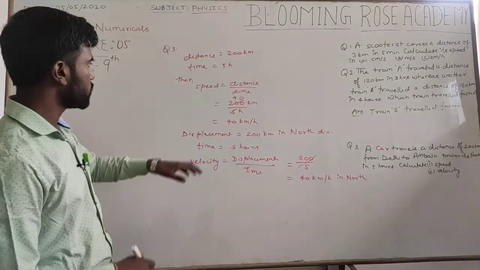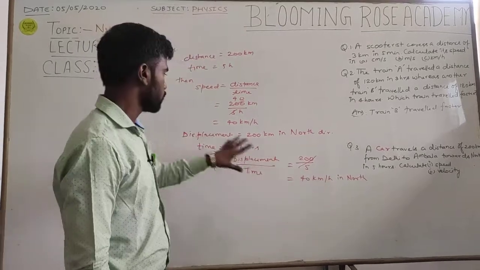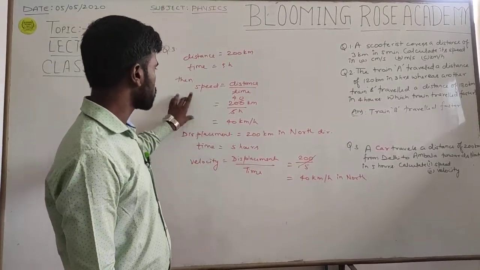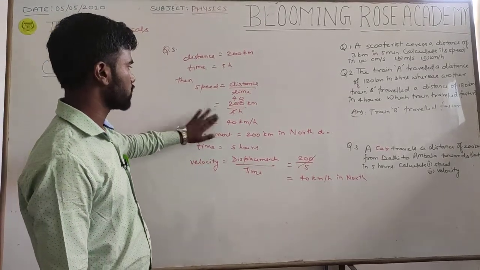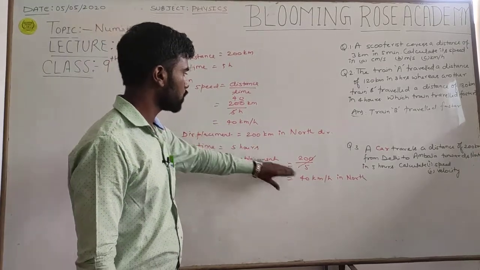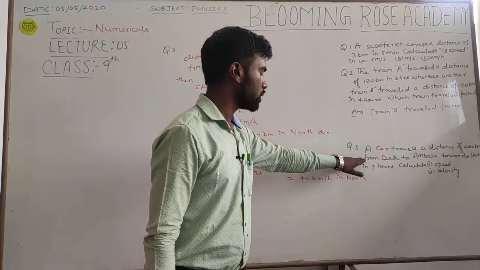Here students, you can see that the only difference is of direction, which creates the difference between velocity and speed. Velocity is a vector quantity and speed is a scalar quantity. So 40 km per hour is speed and 40 km per hour in the north direction is the velocity of the car.